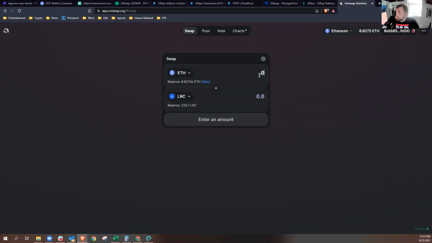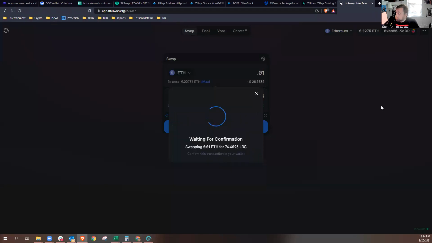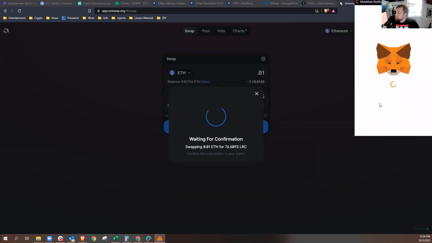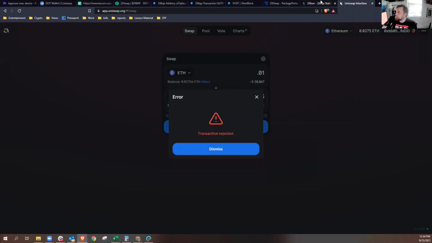Let's say I want to trade 0.1 Ethereum, get $28 worth of Loopring. If I swap it, let's see how much this gas fee is. So just to trade, it would cost me $22 in a transaction fee. That's not worth it. It's not a good deal.